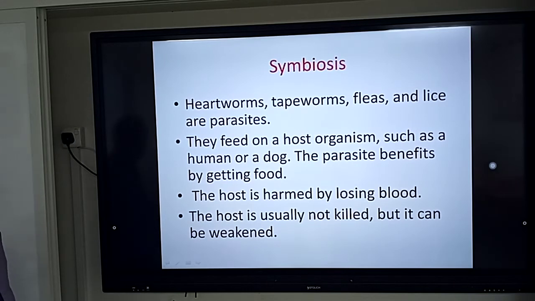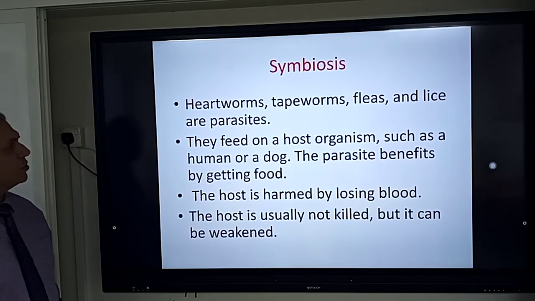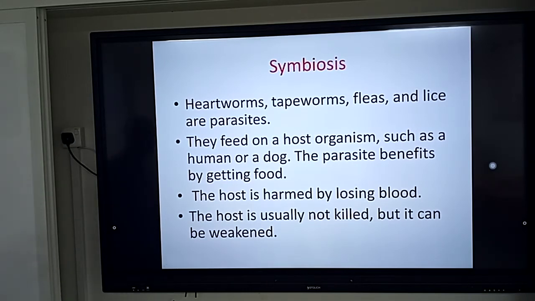Okay? Other examples like heartworms, tapeworms, fleas, and lice are parasites. They feed on a host organism, as we said, such as a human or a dog. The parasite benefits by getting food. The host is harmed by losing blood.